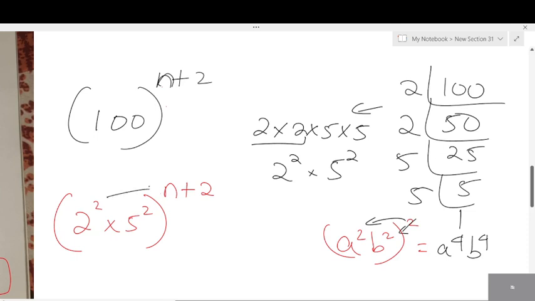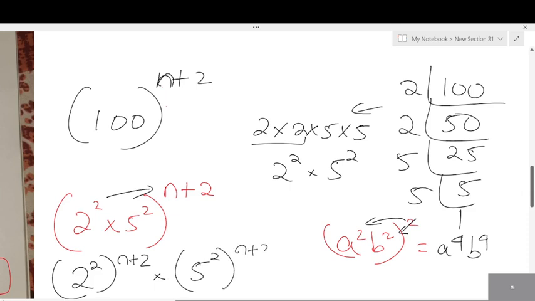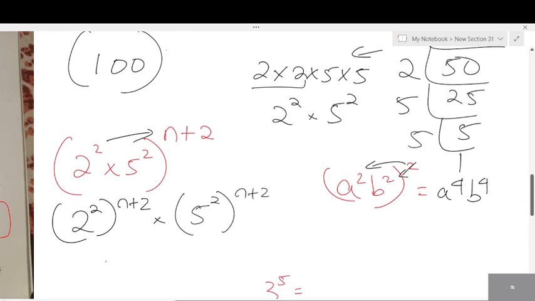Now what do you multiply with this? 2 into 2 whole power n plus 2 into 5 into 2. When you open the bracket, what do you get? 4 into 5 to the power 2n plus 4.